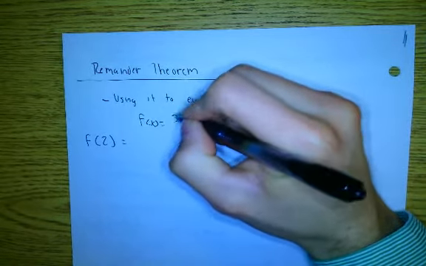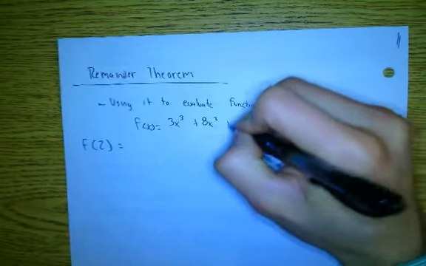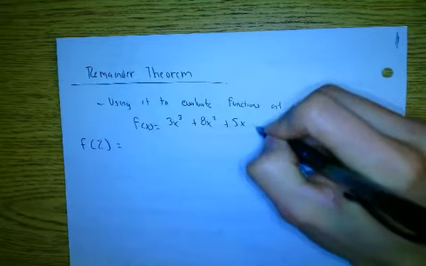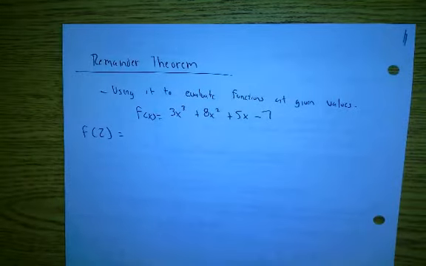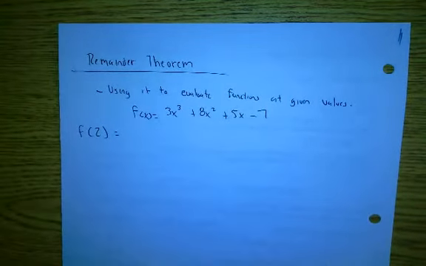Okay? Again, the easier way to do this would be, hey, I'm just going to plug in 2 for every x value and simplify and I'll get an answer, correct? On your quiz and your test, I'm going to say, use the remainder theorem. So if I'm using something called the remainder theorem, what do you think is going to happen?